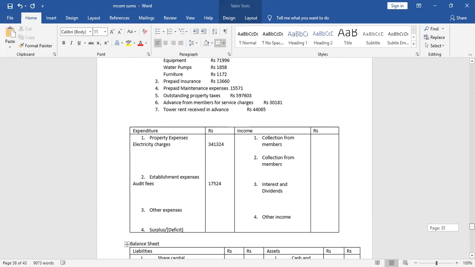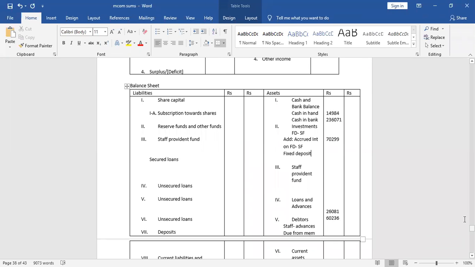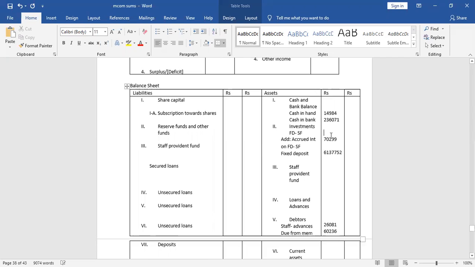So fixed deposit is 61 lakh 37,752. And then we have the fixed deposit FD 26 lakh 90,000.